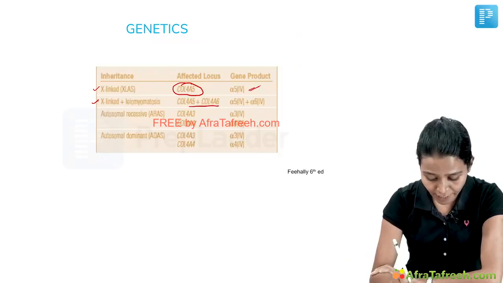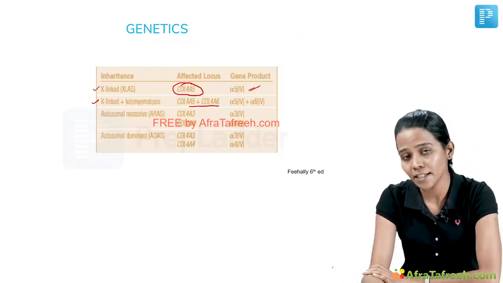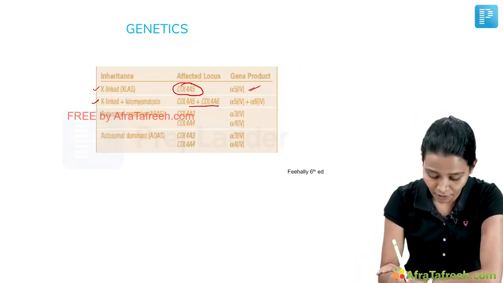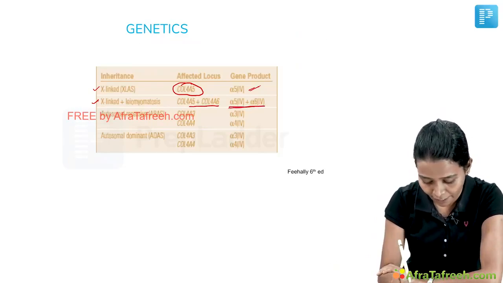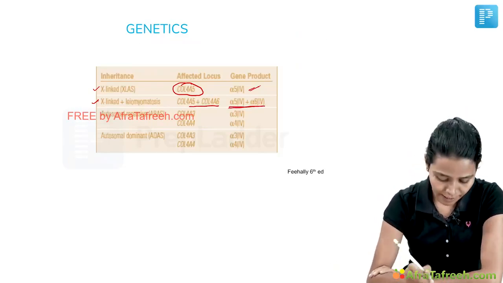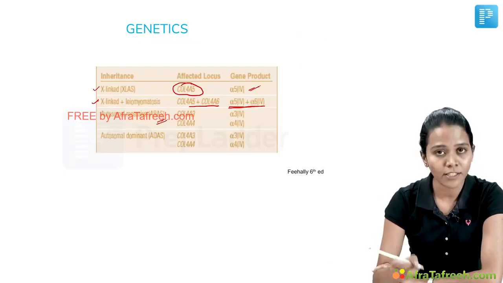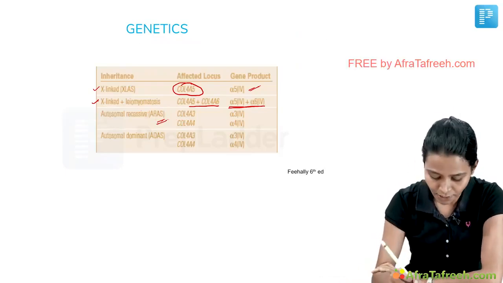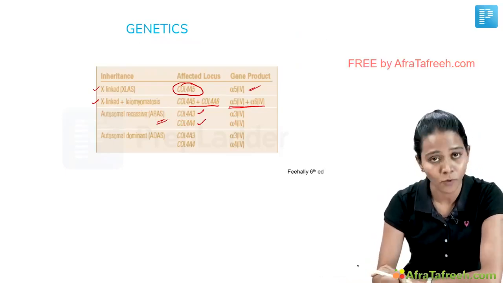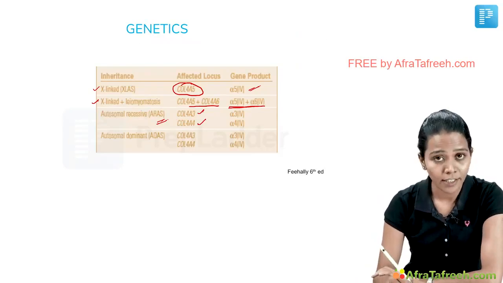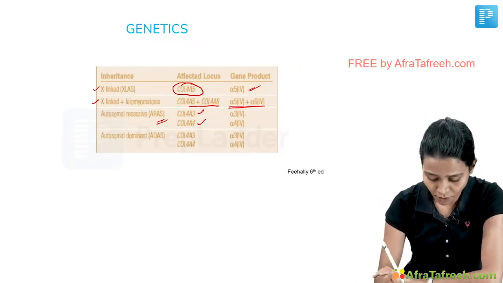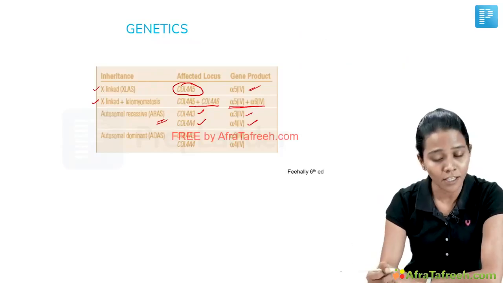If both 5 and 6 are affected, which is there in the X chromosome, then it will cause deficiency of alpha 5 and alpha 6. So, this is X-linked disease. Next is autosomal recessive. Autosomal recessive generally involves alpha 3 and alpha 4, COL4A3 and COL4A4 gene, which will cause alpha 3 and alpha 4 deficiency.